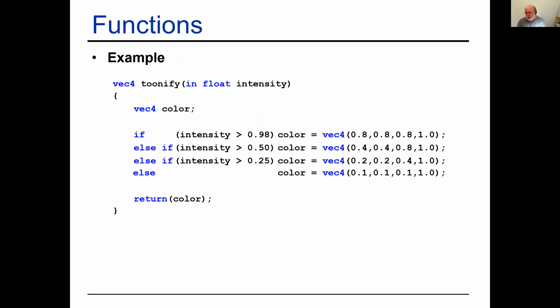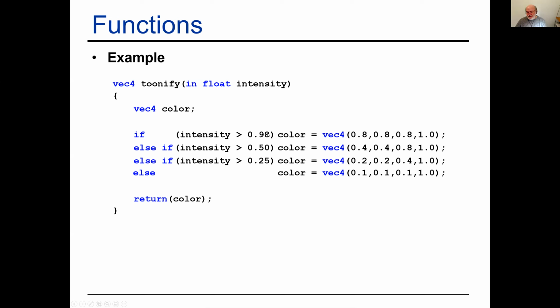approximate derivatives. So here, one typical type of shader is, for instance, a toonify shader that shades objects like you would do for cartoons. In which case you typically don't have these smooth transitions, but you only have a number of coarsely different colors, and there's only a few of them. So here, for example, you get an intensity, and depending on the intensity, if it's almost white, then you use one color.